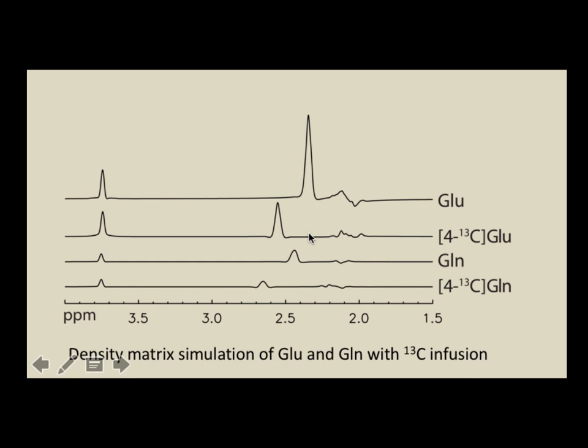Instead, a peak at 2.55 ppm will arise. Also, there are some small signals on this side. The glutamine signal is similar. This peak will disappear once the carbon-12 is replaced by carbon-13. Instead, at 2.65 ppm, a glutamine peak, which is labeled by carbon-13, will appear.